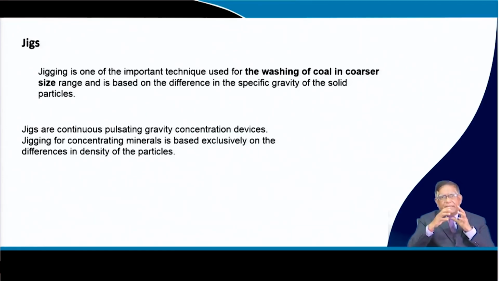So, if you can crush the coal to a certain extent so that you are liberating those particles, the crushed coal is introduced to a device named a jig, and there it is washed with pulsating water.